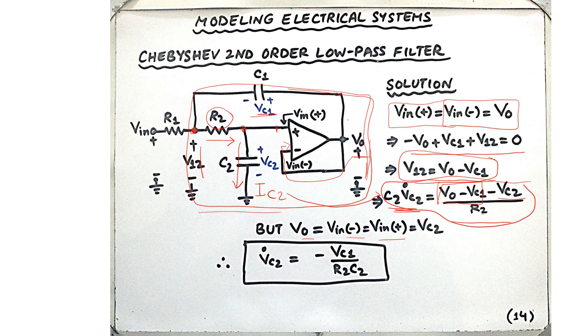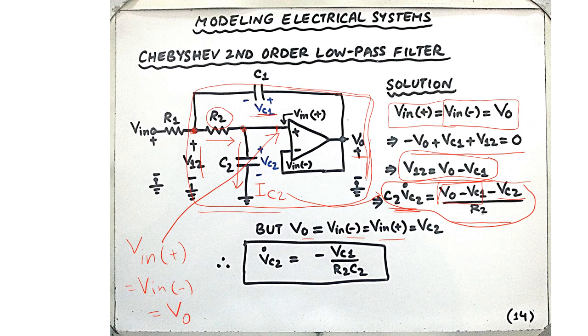The voltage over here is the same as Vin negative, which is the same as V0.